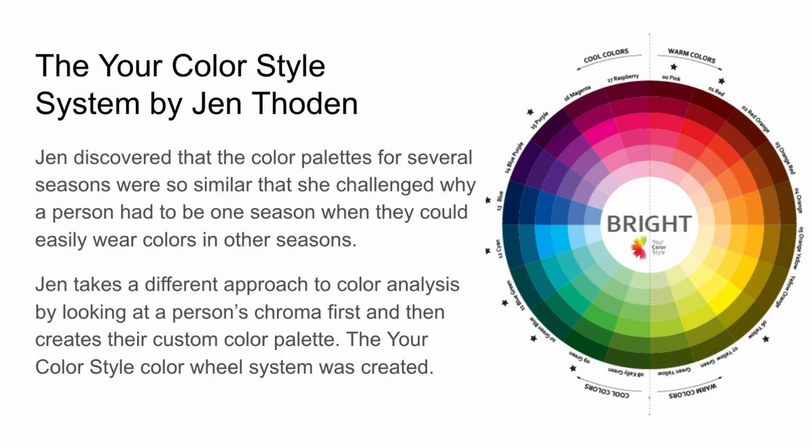Even Color Me Beautiful was not original. It was based on history and an original idea of seasons, and that was based on a color wheel that was created in the early 1700s. So all color systems are based on that 3D system, and that is what we're going to dive into next when we talk about color theory and then the methodology of your color style.